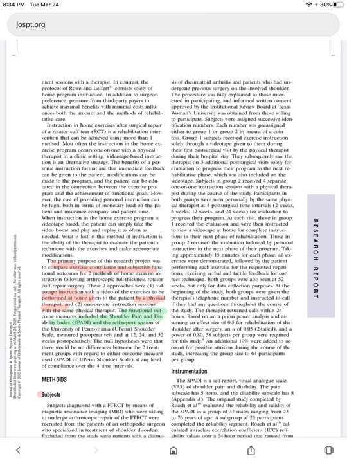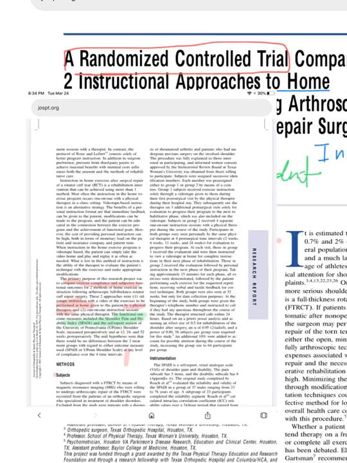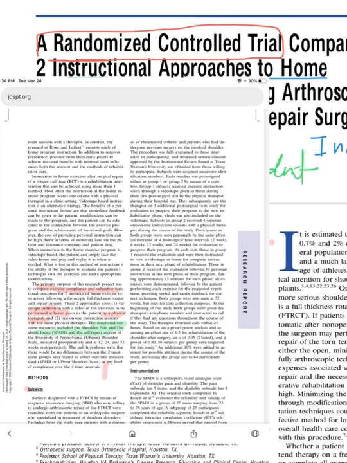Here we go through the subjects, and it talks about who was included in the study. It's a little bit difficult to see, but sorry, my pen's kind of going crazy here.